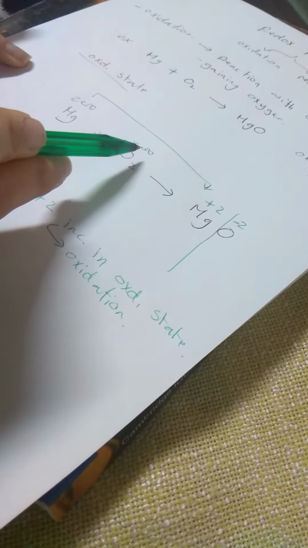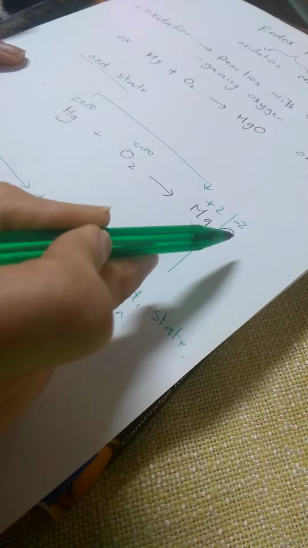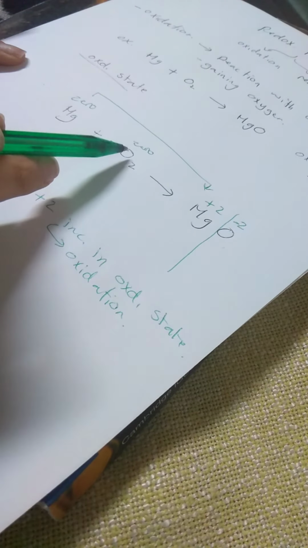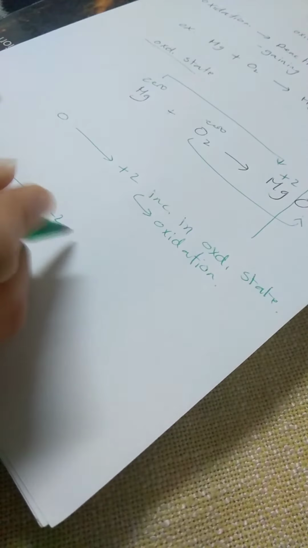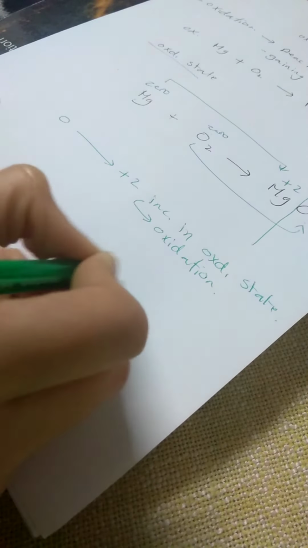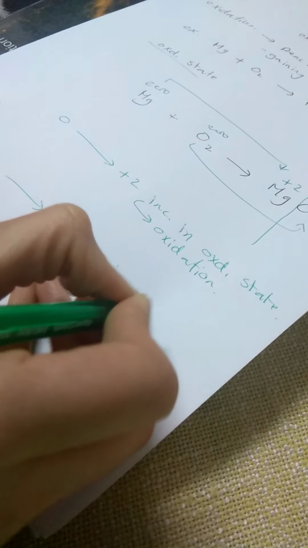Oxygen, the oxidation state of oxygen is 0 here and -2 here. From 0 to -2, this is a decrease in oxidation state.